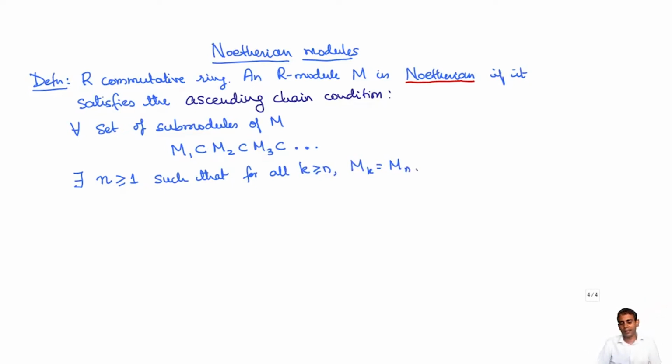So what we are saying is that this ascending chain of modules eventually stabilizes. You cannot keep getting larger and larger submodules indefinitely.